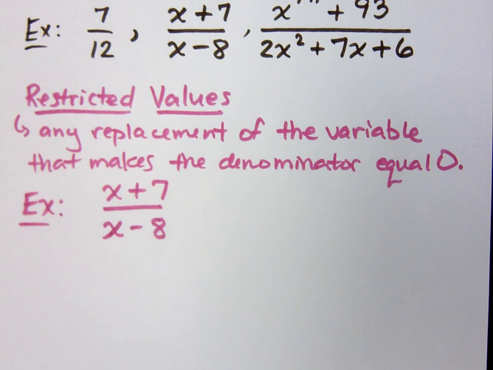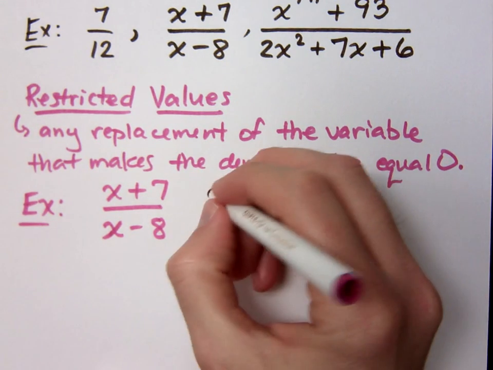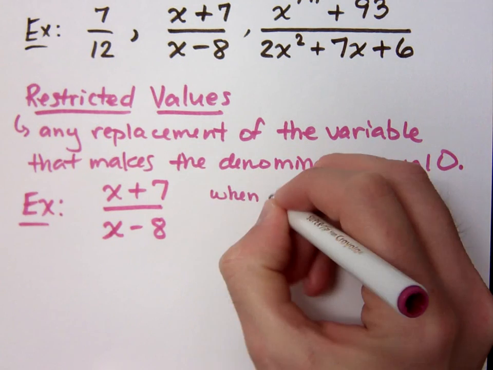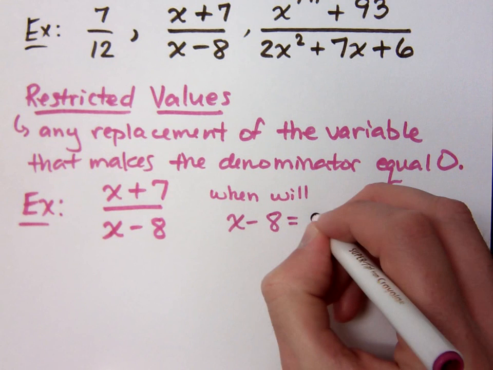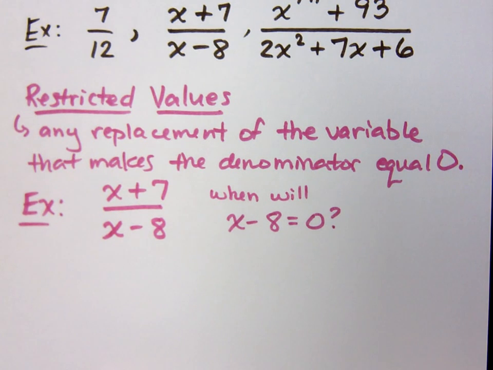For the most part, I can plug in any value of x into this expression, and I'll get some number out of it. But I need to see if there's a number that would make my denominator equal 0. When will my denominator, x minus 8, equal 0? Because if I know what makes that equal 0, then I can avoid that value.